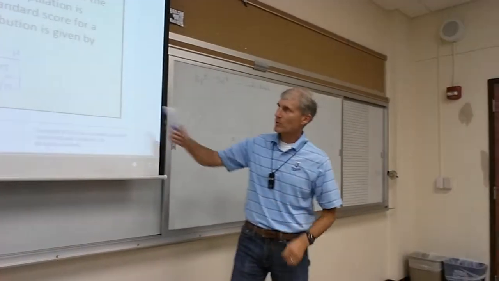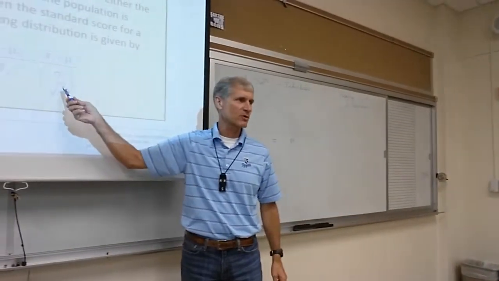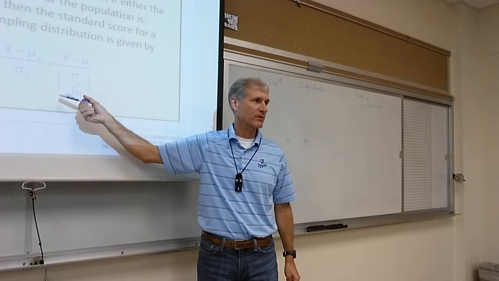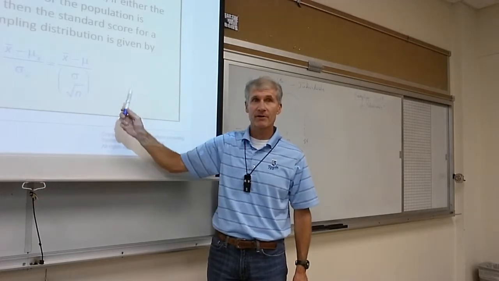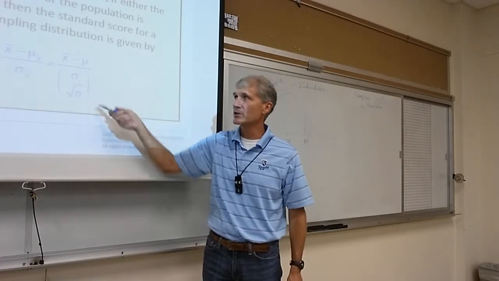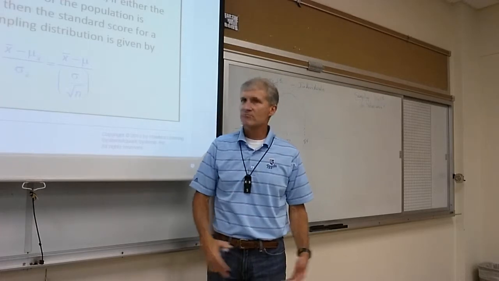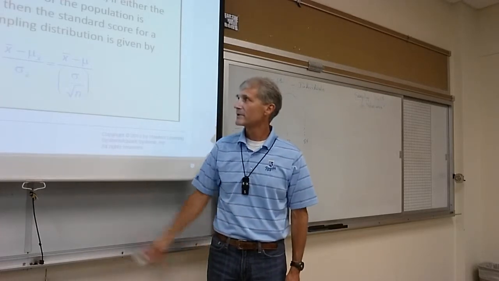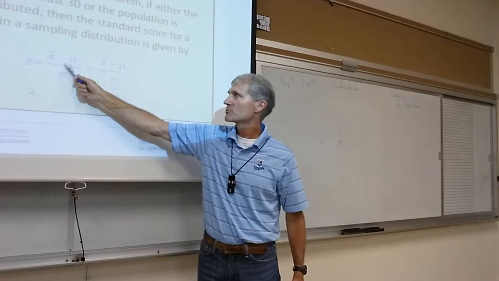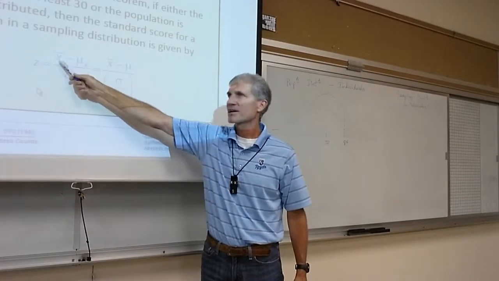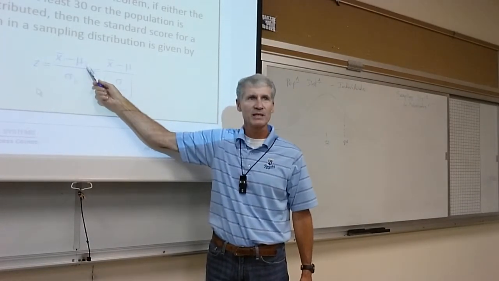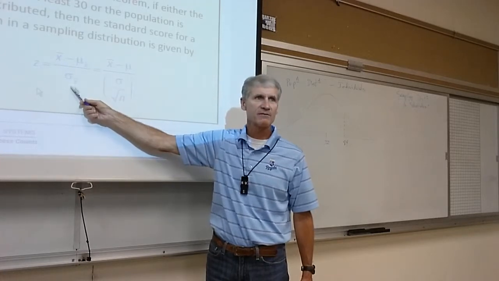Okay, we won't have to do much with these z-scores because we've got the calculators that will compute it automatically. However, some of the homework problems are probably going to make you compute a z-score. Same as it always is. You take the value you're interested in, you subtract the mean, and you divide by the standard deviation.